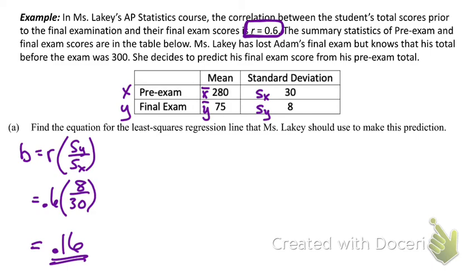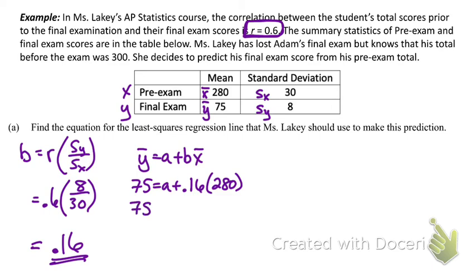There's my B. There's my slope. Now I can use my other formula. Y bar equals A plus B X bar. 75 equals A plus 0.16 times 280. All I did was plug in what I knew. Now we're going to do some algebra. What is 0.16 times 280?